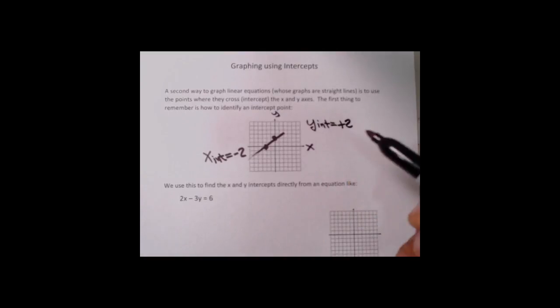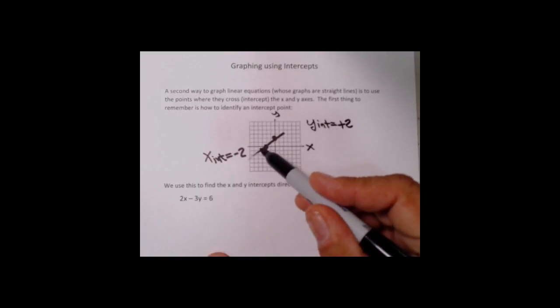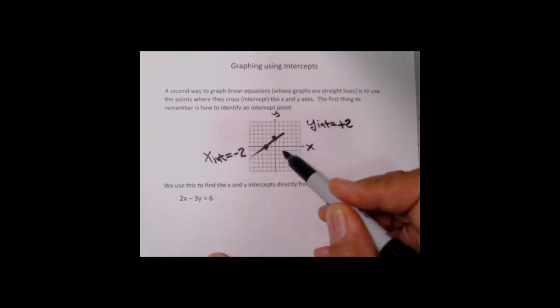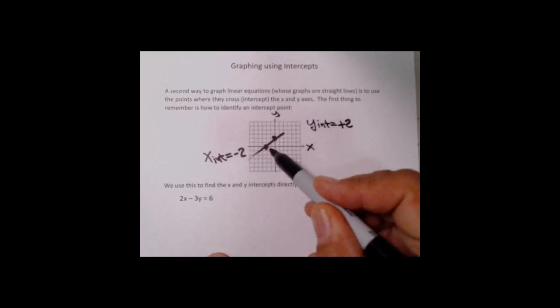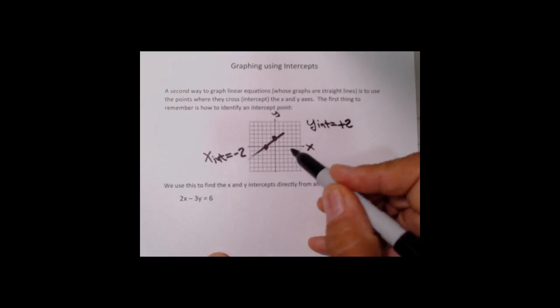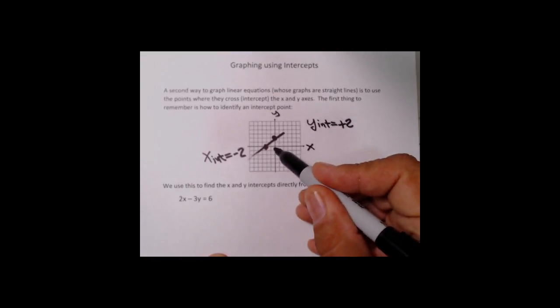Now, here's the thing to note on this. Anytime you have a point that's an intercept point, like this x equals -2, the value of the other variable is always going to be 0 because anywhere we cross this x-axis, and this intercept point could be anywhere along this, all those x values are going to have y equals 0.